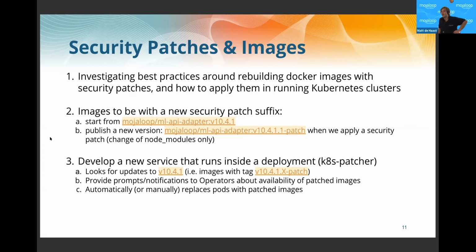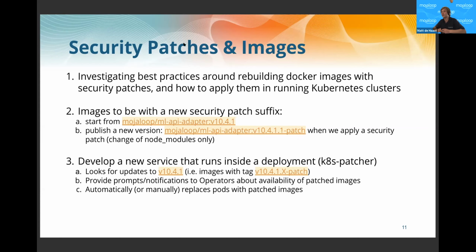So what we did was we devised adding just a patch attribute to the service being deployed. So you'll see that in 2 there, that you get this patch now on your versioning. So if you got 10.4.1, we added .1-patch to signify that only the dependencies would have changed because a patch had taken place, and we would then deploy that.